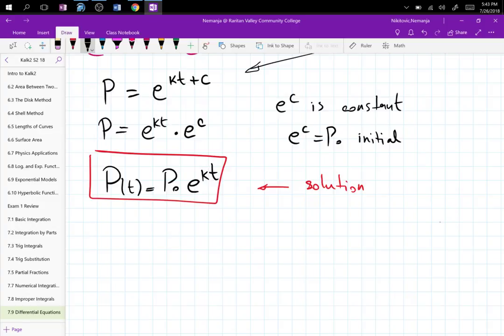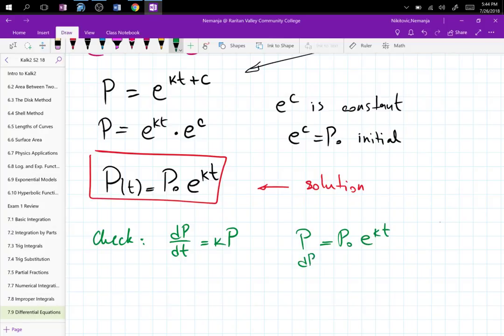So now, first order of business for me is to check and see if this is the solution for the differential equation. So now let's go and check. I need to check dp dt equals kp with a solution that p is equal to p0 e to the kt.